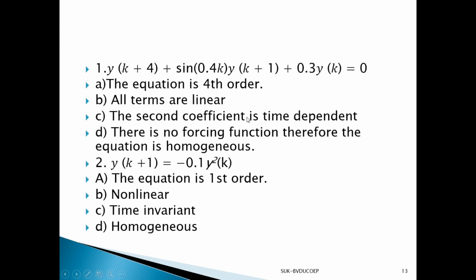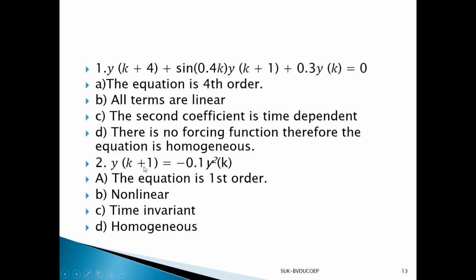The second coefficient is time dependent. Now you may think of sine of 0.4k, where k is our instant, so this is a time dependent term. It is not non-linear, it is time dependent. And there is no forcing function. If you write down some force here, then there will be one. If there is no forcing function, then this equation is a homogeneous equation.